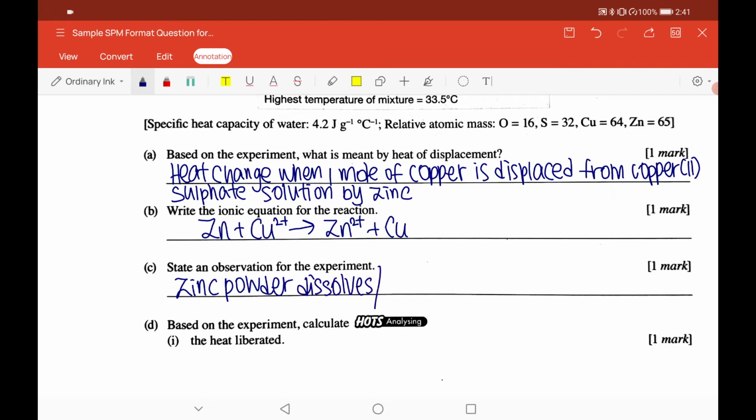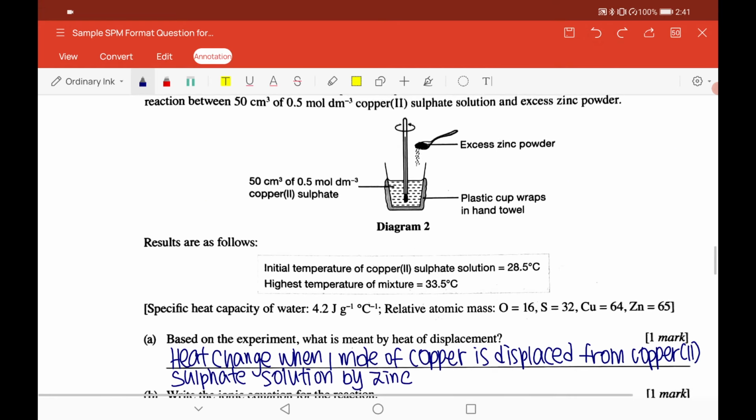If you don't want to write this, you can also write another one. Cu2+ produces Cu. So when you produce copper, copper is a metal, so you should be able to see a solid. What is the color of the solid? Copper, the color should be brown.